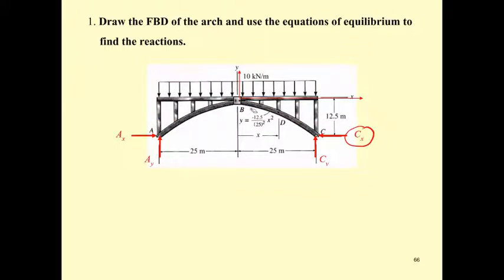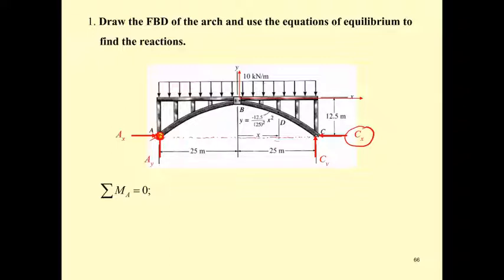Next, what do we have? We're going to need to use the equation of equilibrium. Just take the moment at A. That means we're going to determine the C sub y, because the line of action of C sub x is going to cut this point, and that means we're going to have only one unknown.